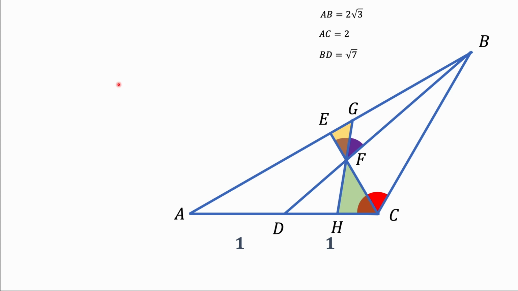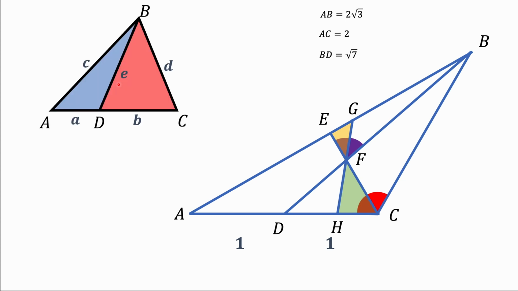In the previous video, I was talking about Stewart's theorem. Just to remind you, Stewart's theorem relates 5 lengths. So if I have a triangle ABC and I have a segment BD inside, I have 5 lengths A, B, C, D, and E. And Stewart's theorem gives us an expression that relates all these 5 lengths.